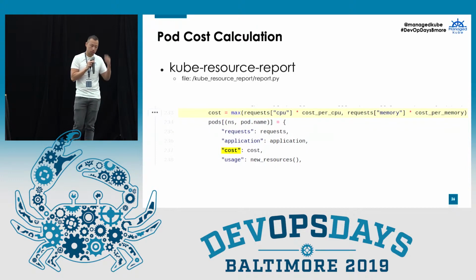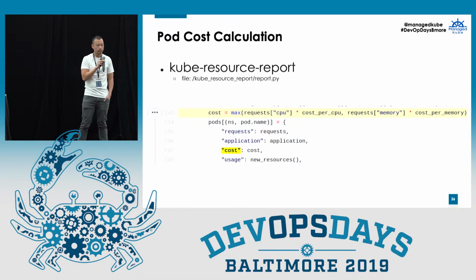If we look at one of these tools, for example, Kube resource report, we can see that it's taking the requested CPU and multiplying that by the cost per CPU and doing the same thing for memory to get the total cost.